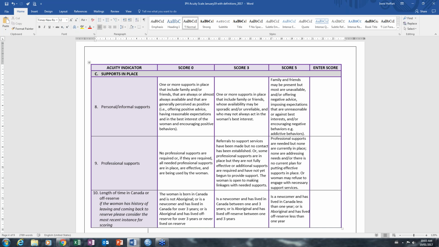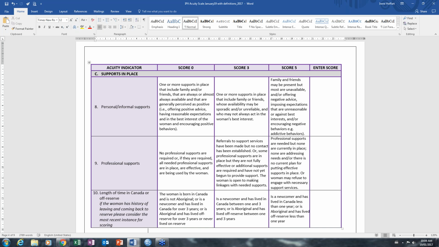So, what Irina said before about many of these items applies here: as we move along the continuum, a woman who would score 5 would require a fair amount of work on the part of the shelter staff to ensure that those supports are in place and addressing the needs she has. Mm-hmm.